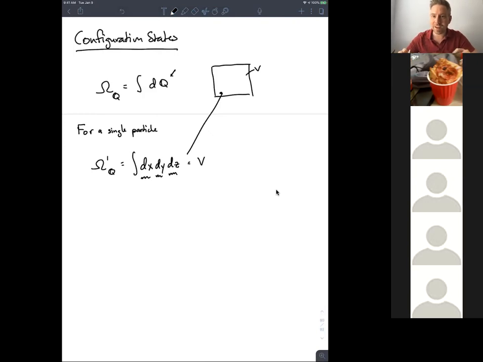So if I have two particles, my density of configuration states is simply going to be V times V, that is V squared. Now making the generalization that we have n particles, omega of the configuration states is simply V to the n, piece of cake. Okay, does that make sense? I hope.